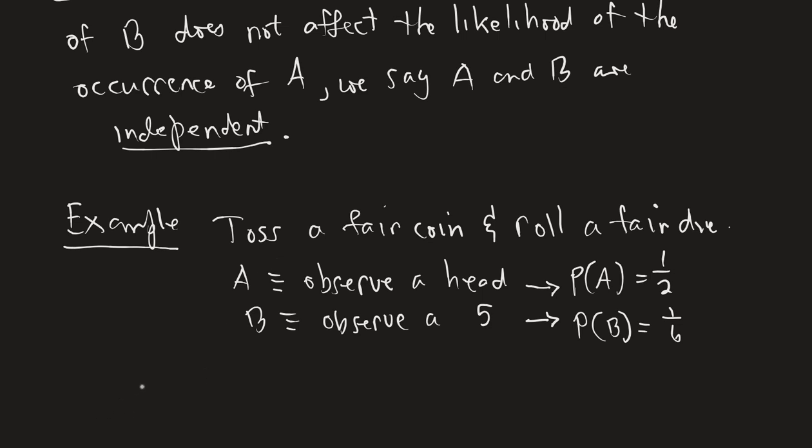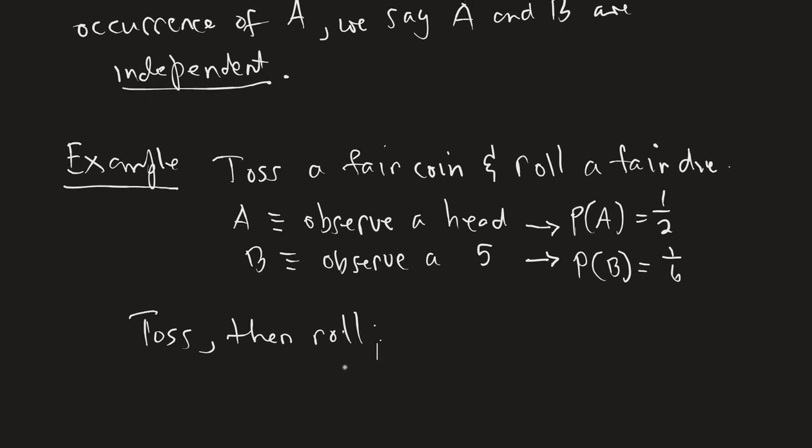What if we first tossed the coin so we knew what the outcome of the toss was, and then we ask ourselves, how is that going to affect the likelihood of what happens on the roll of the die? So in other words, if we toss, then roll, right? So now think about it that way, and then let's ask ourselves this question.